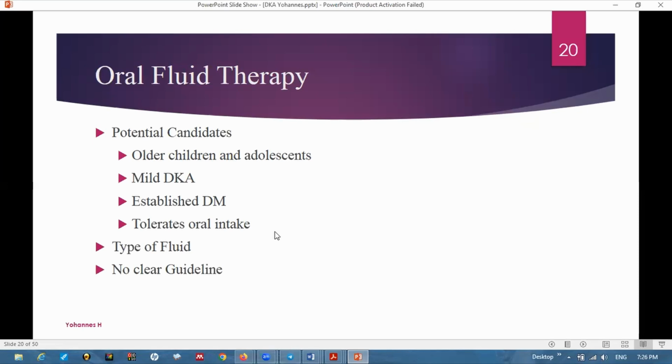So we can use ORS for resuscitation based on the calculated deficit. In mild DKA, we will give them 10 ml per kg of normal saline over 1 hour, then continue with calculation of 5% deficit. Most of the time there is no clear guideline in the management of mild DKA.